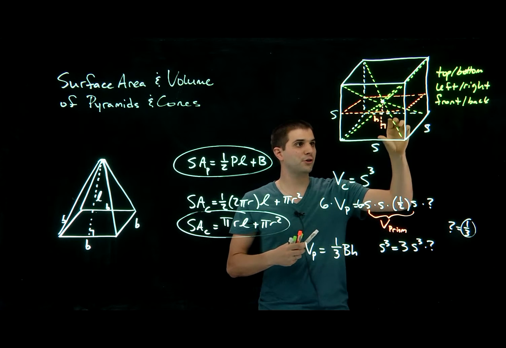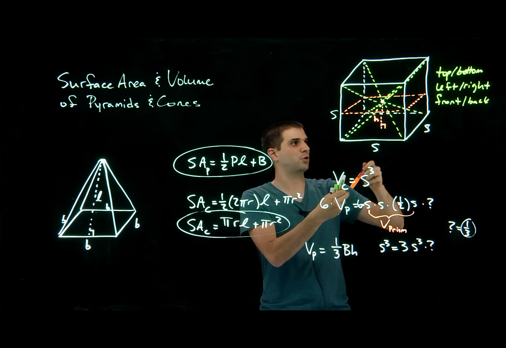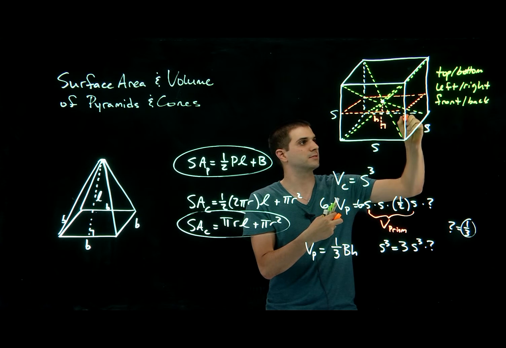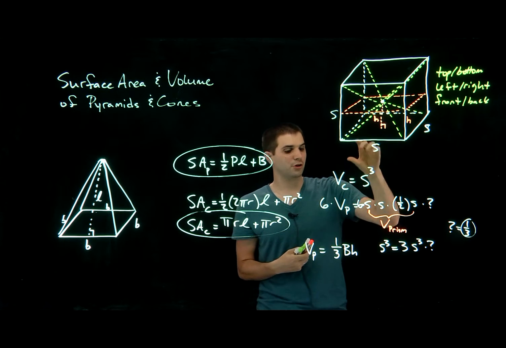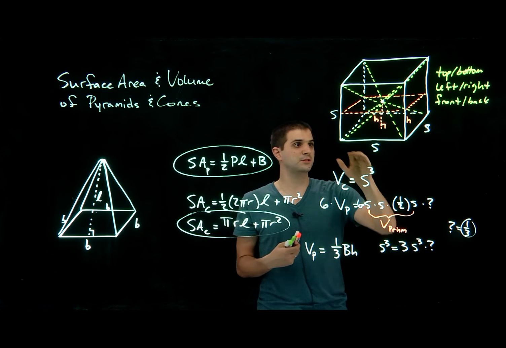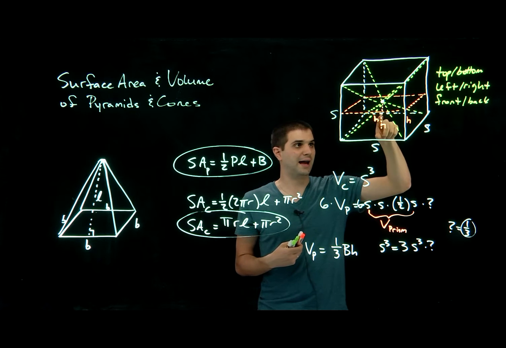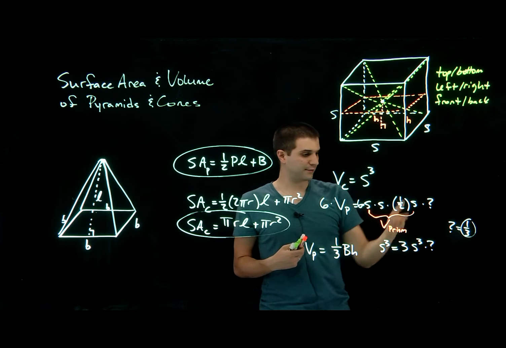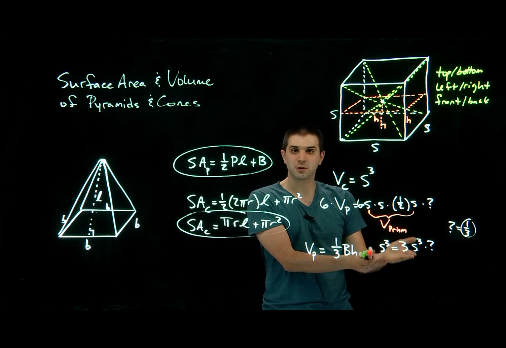So 1/3 of S times, not S, but this is going to be H. This height from here to here is going to be H. So it looks like the volume is going to be 1/3 of this prism, S times H. 1/3 of that prism is going to be the pyramid. And I've shown why that is here, because it must be 1/3 for this equation to balance out.